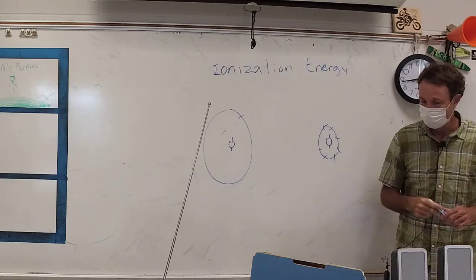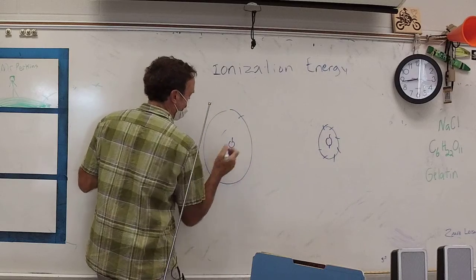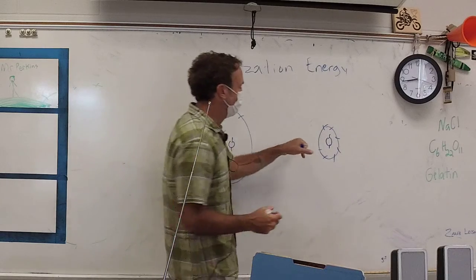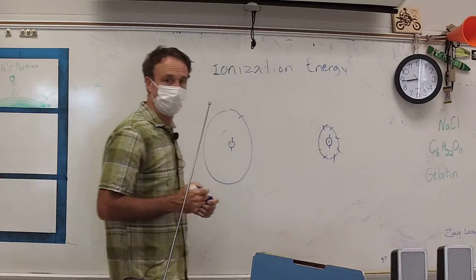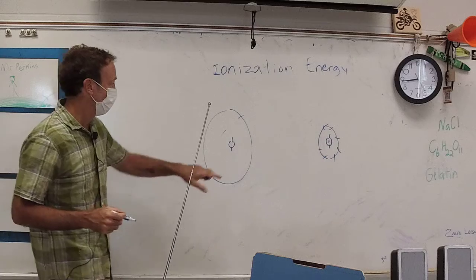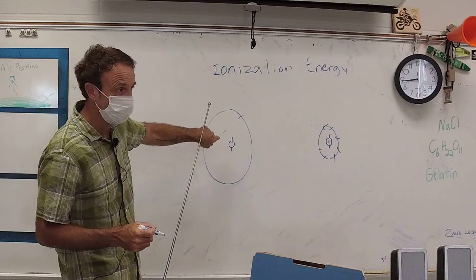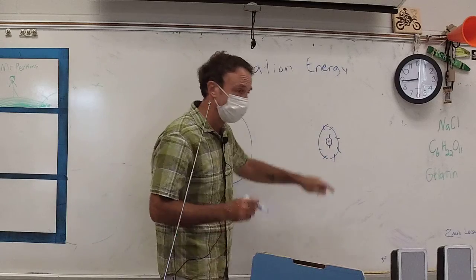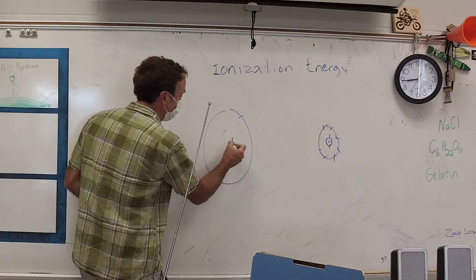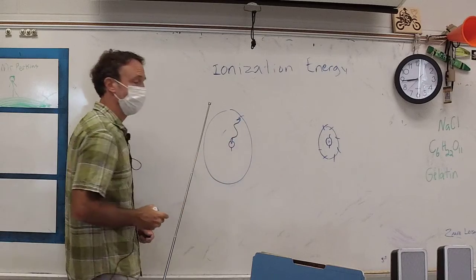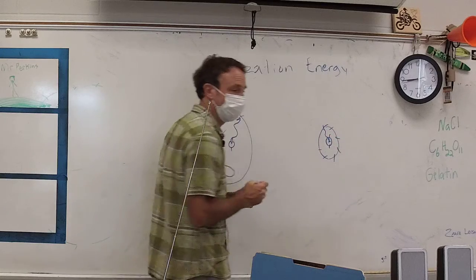There are several reasons. One, this atom only has 3 protons. This atom has obviously 9, 1, 2, 3, 4, 5, 6, 7, 8, 9 protons, right? So this atom has a much weaker nucleus, much weaker electromagnetic pull than this atom. Reason number 2, which is a huge deal, look how far away that electron is from the nucleus, and look how close these are, right?